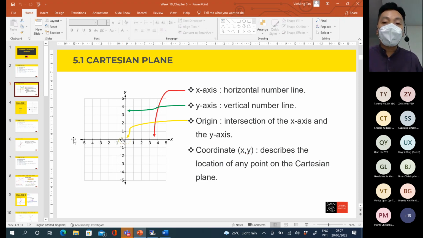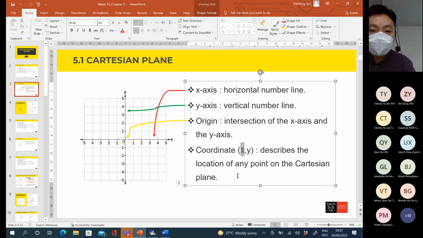Usually we put brackets and then write down the value of x and the value of y. In this case, we put (0, 0) for the origin point. The first 0 is for the x value, and the second 0 is for the y value.